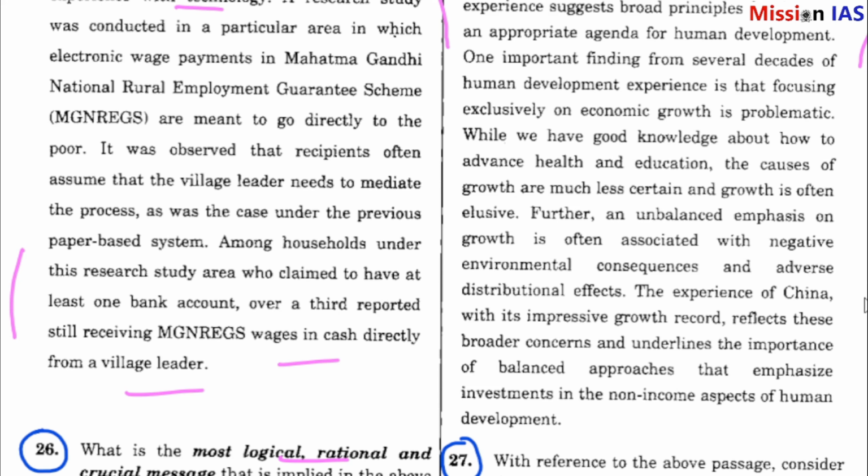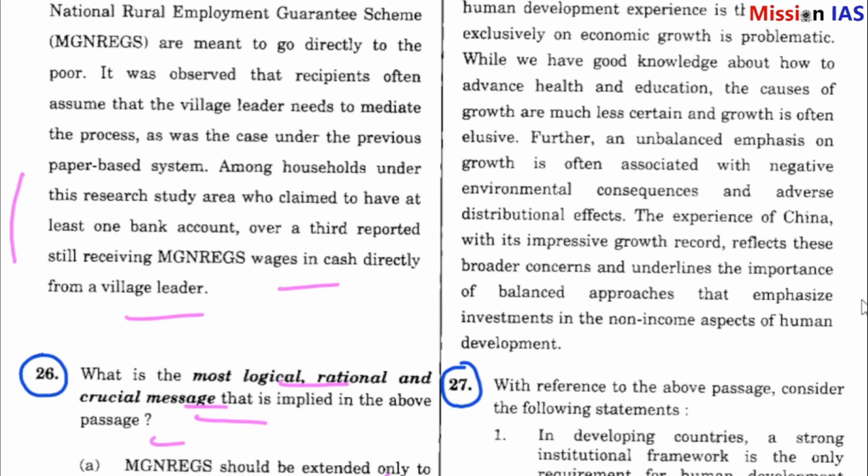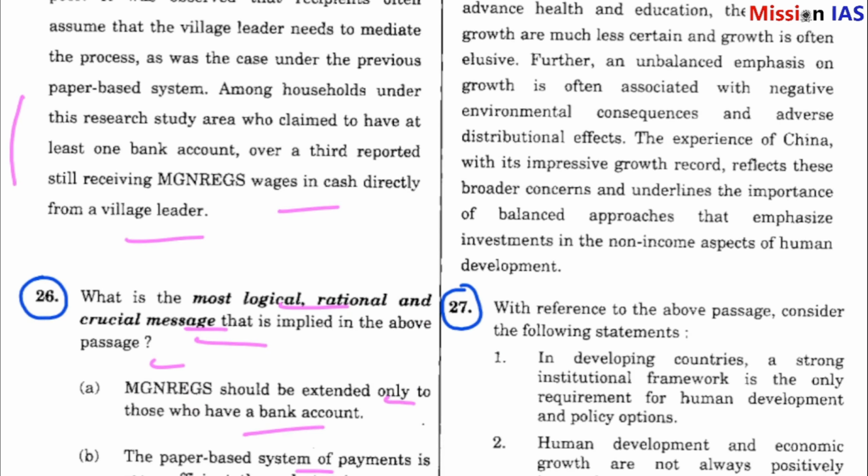The experience of China with its impressive growth record reflects these broader concerns and underlines the importance of balanced approaches that emphasize investments in the non-income aspects of human development.